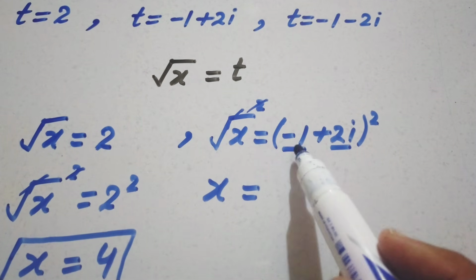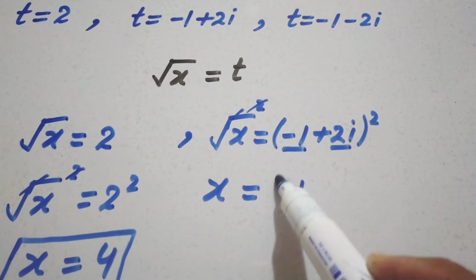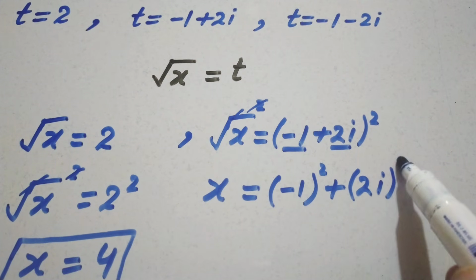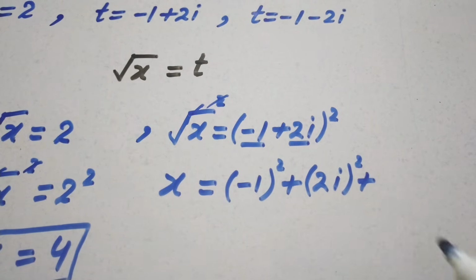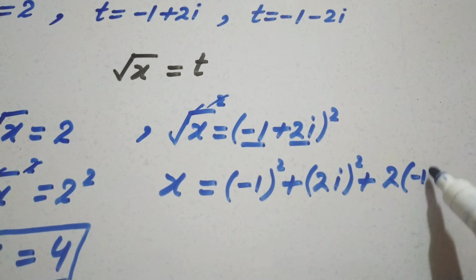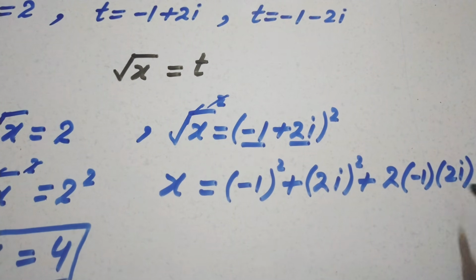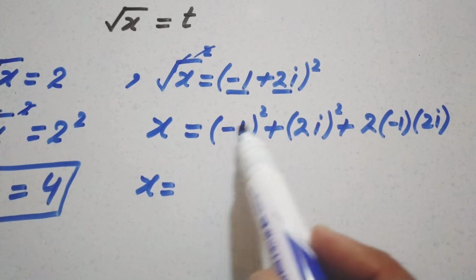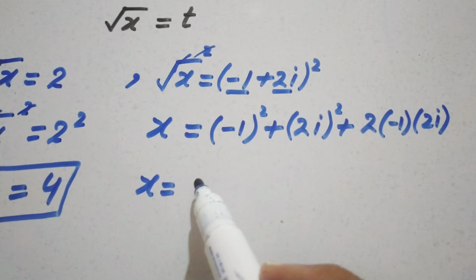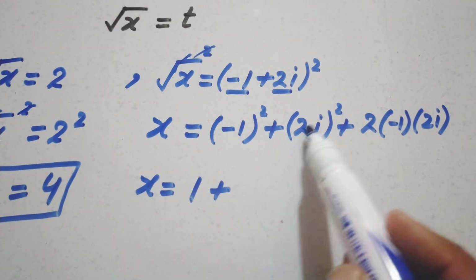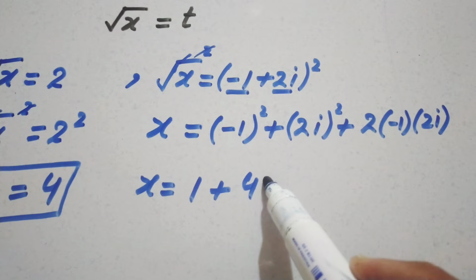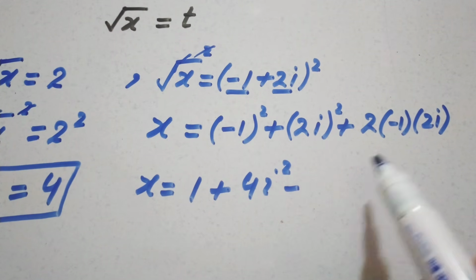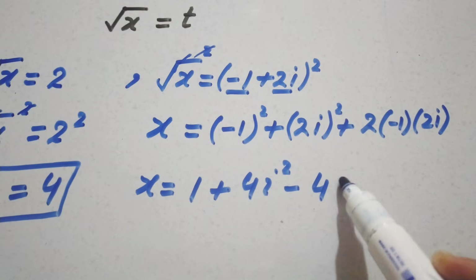So by using the formula a plus b whole squared, which is a squared plus b squared plus 2 into a into b. So now x is equal to minus 1 squared, which is plus 1, plus 2 squared gives us 4, and i squared, and here minus into plus gives us minus, 2 multiplied by 2 gives us 4i.